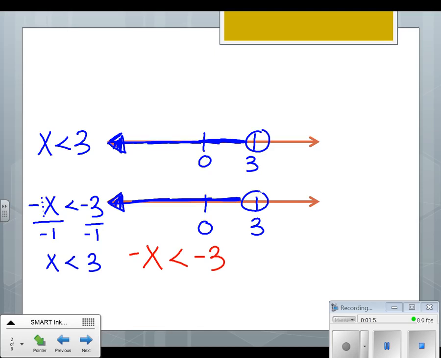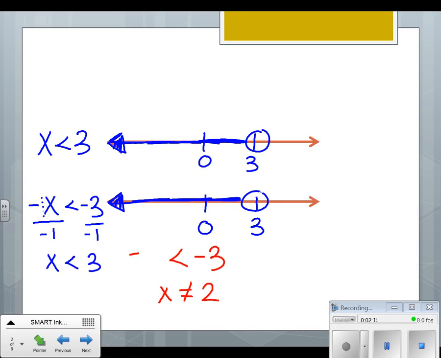So I'm going to erase this x and put in 2. So negative 2 is less than negative 3? No, 2 is not a solution because negative 2 is not less than negative 3. It's greater than.